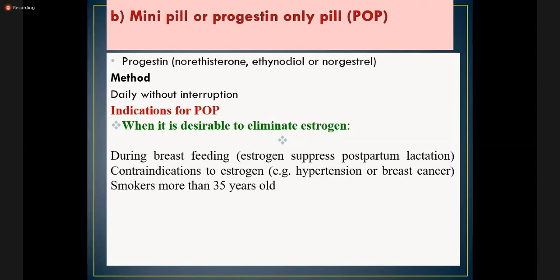Normally in our setup we use monophasic, but there are some specific conditions that we have already discussed. The physician or gynecologist will decide that monophasic wouldn't be suitable for that female, and that ideally we should give the biphasic or triphasic.